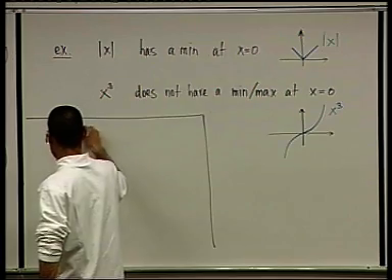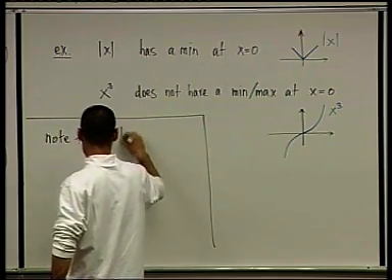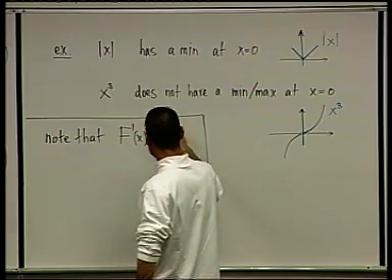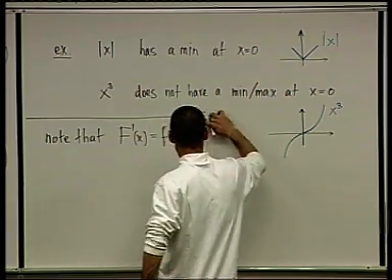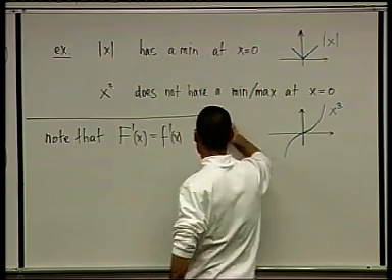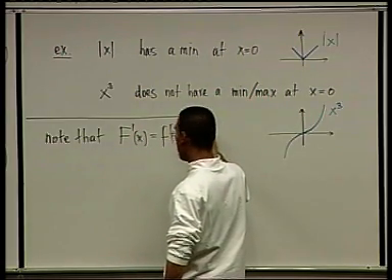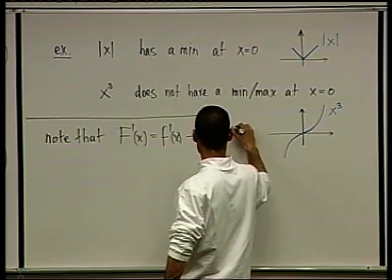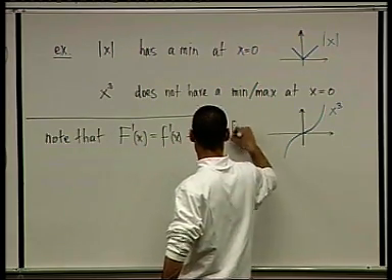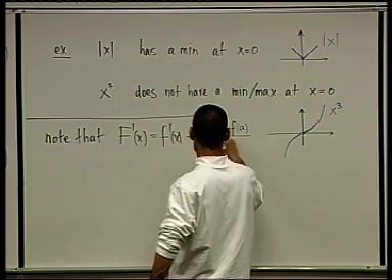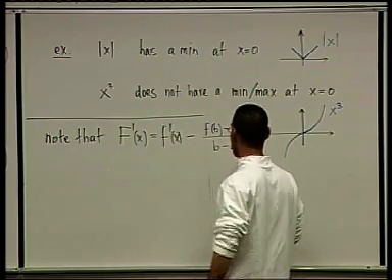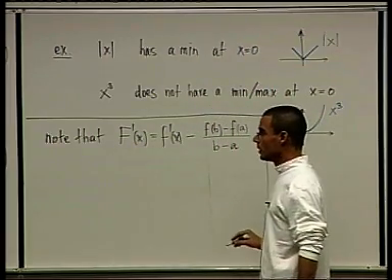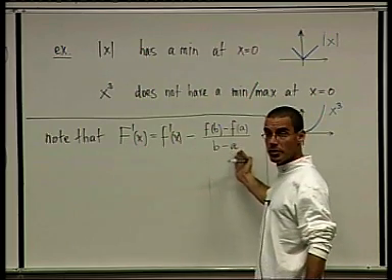Note that F prime at x is precisely little f prime at x minus f of b minus f of a divided by b minus a. Do you agree that that's the derivative of big F?